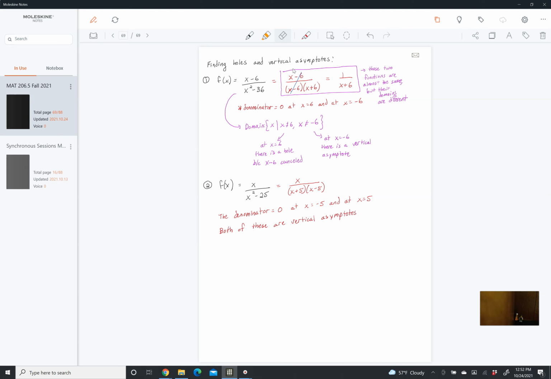Okay, x minus 1 doesn't cancel, so therefore it's a vertical asymptote. Always factor first. And you need to factor everything.